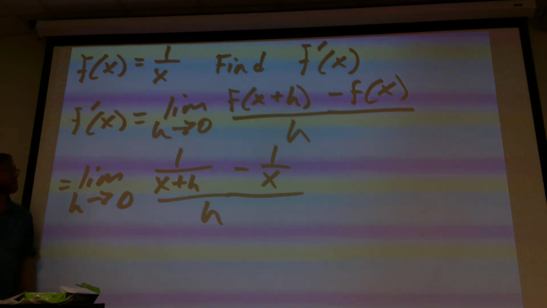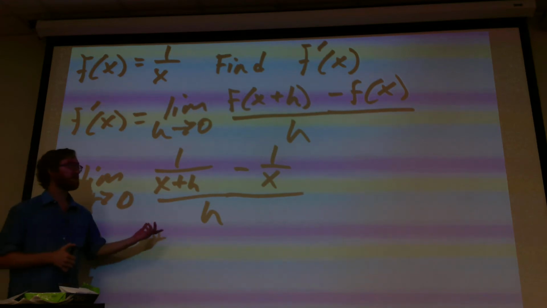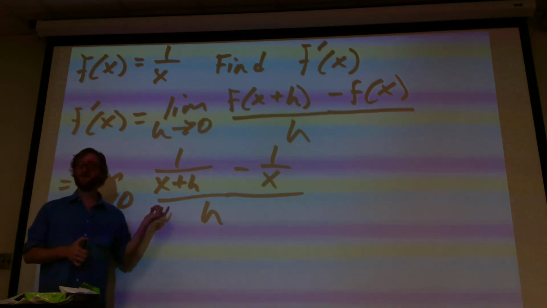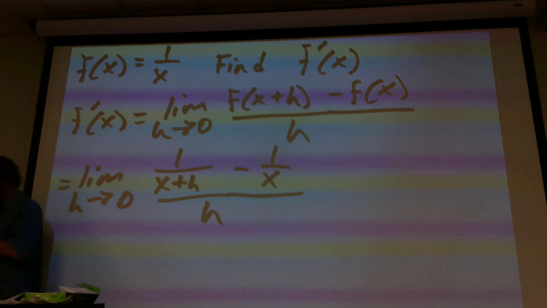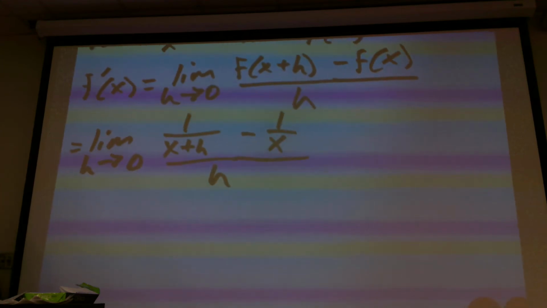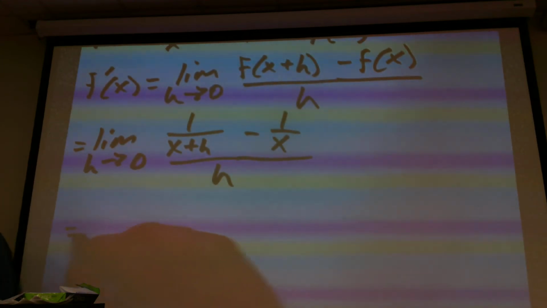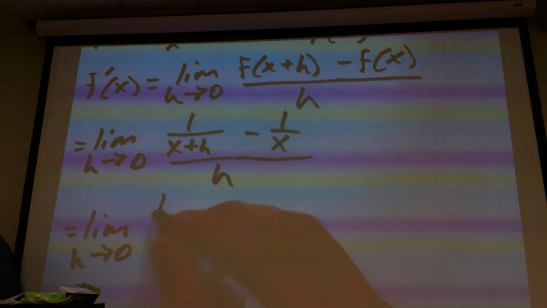Now, I don't like 3-tiered fractions, so what I'm going to do is pull this h to the outside of the problem, and I'm going to try to get a common denominator inside of this thing. So this is going to equal the limit as h tends towards 0 of 1 divided by h.